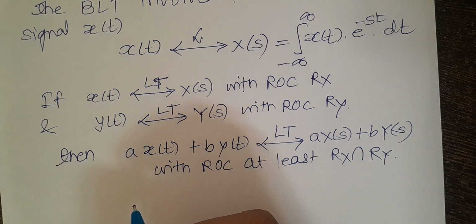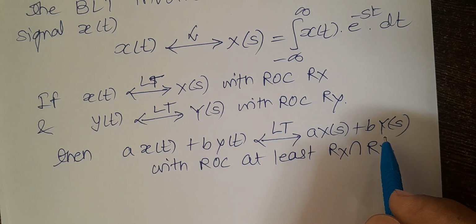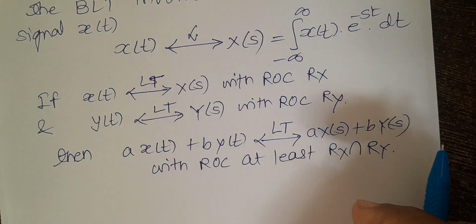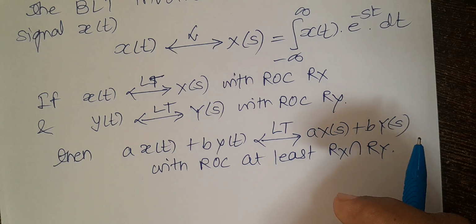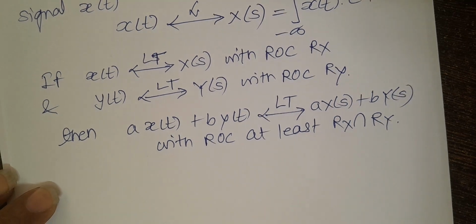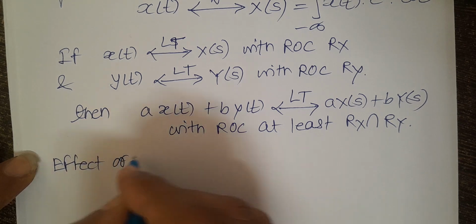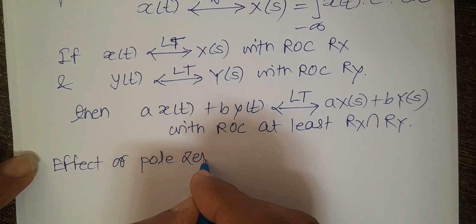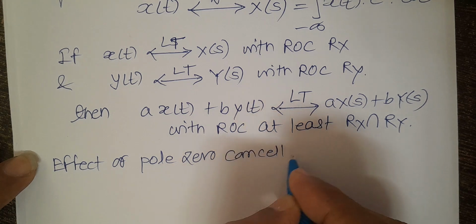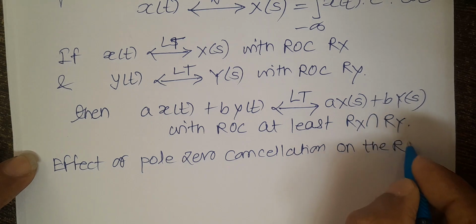If a pole and zero cancel in the sum a into x of s plus b into y of s, then if there is a cancellation of the pole, we also have to consider the effect of the pole zero cancellation on the ROC. For example, the effect of pole zero cancellation on the ROC.